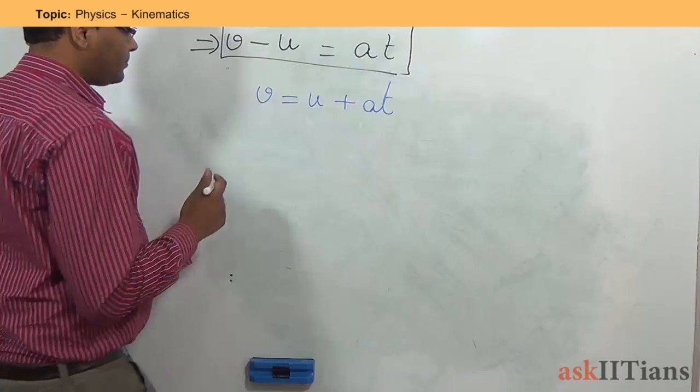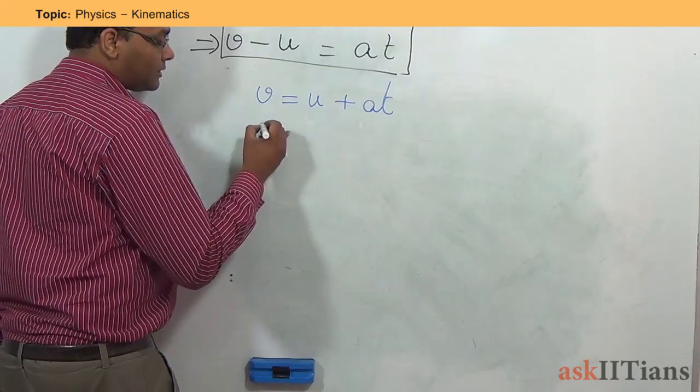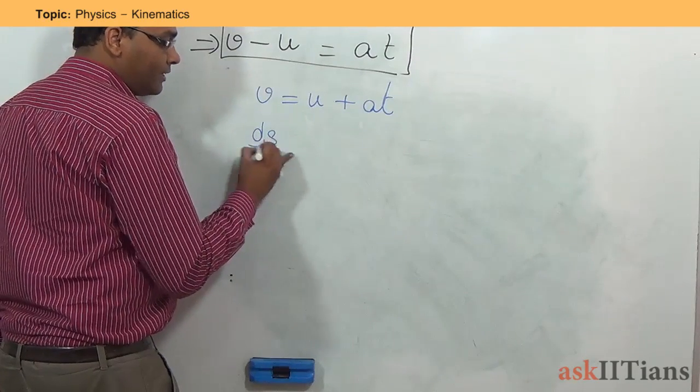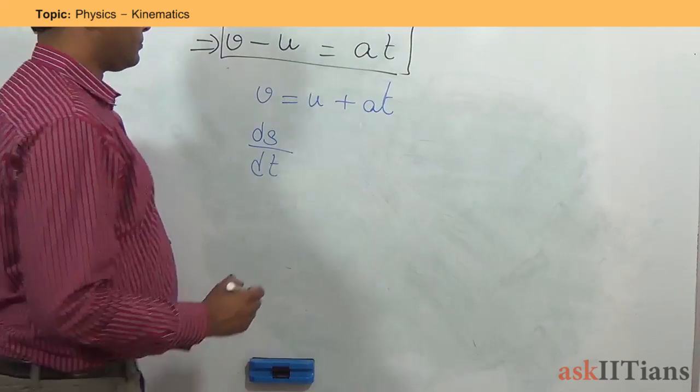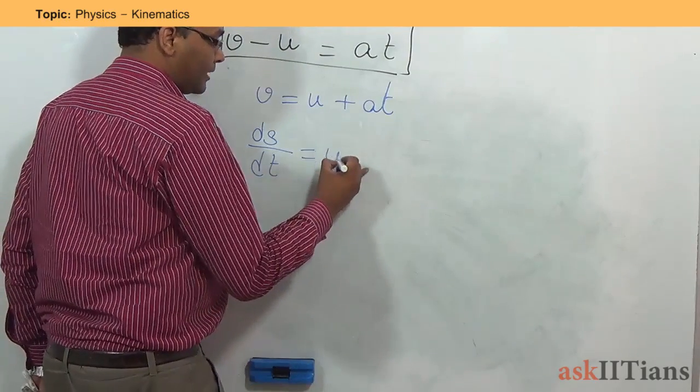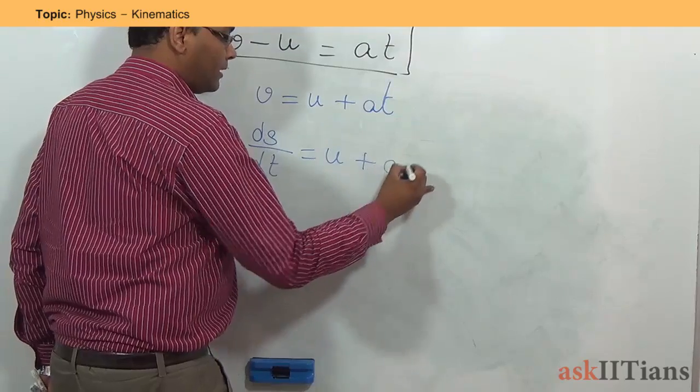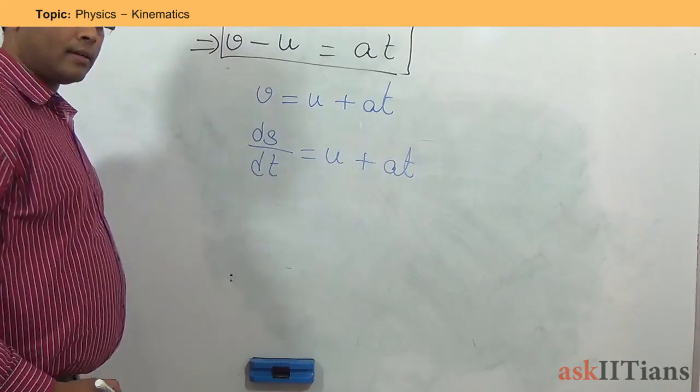So effectively, I can say that the velocity can be written as change in displacement divided by time, ds by dt. So this can be given by u plus a into t, right?